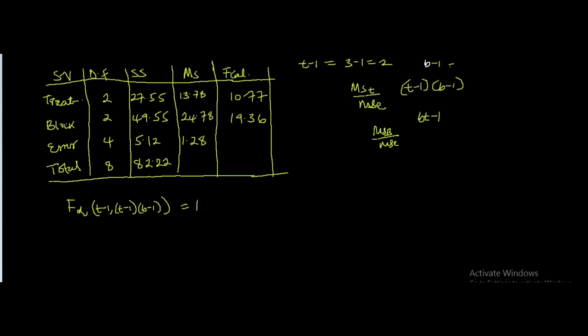So let's check this now for treatment. Our confidence interval is 0.05, and our degrees of freedom respectively are 2, 4. If we check the tabulated value for the 0.05 confidence interval for 2, 4, you are going to have 6.94.